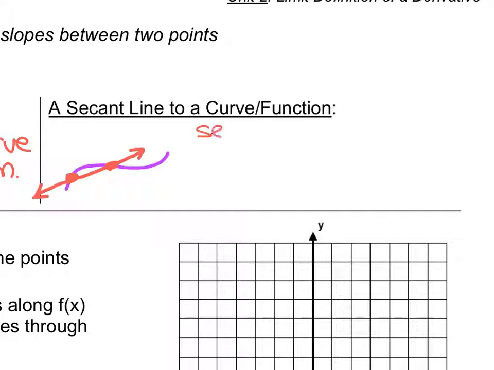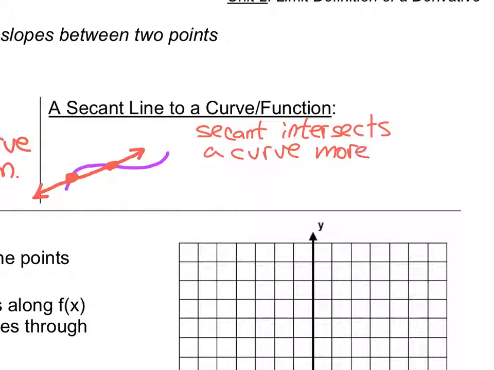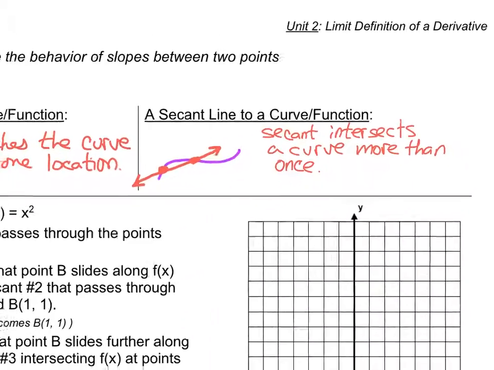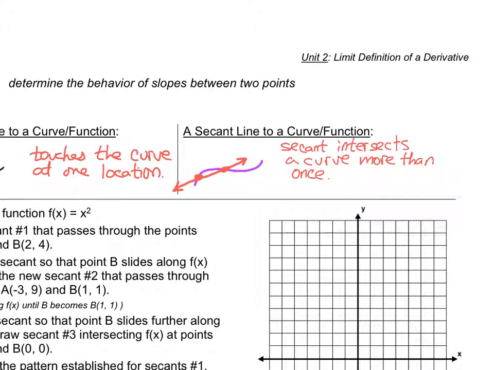So secant, I'll keep it simple, intersects a curve more than once. What our job is going to be is to investigate the slopes that are generated based off of those intersections.